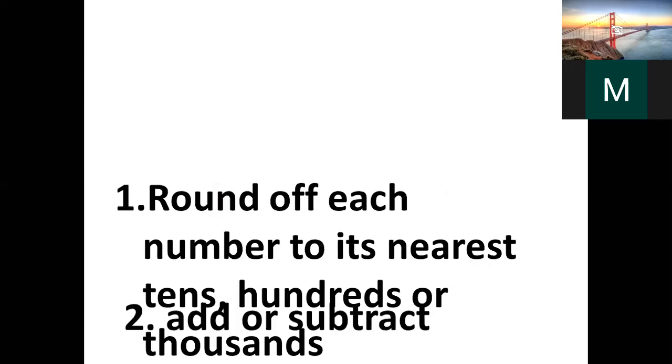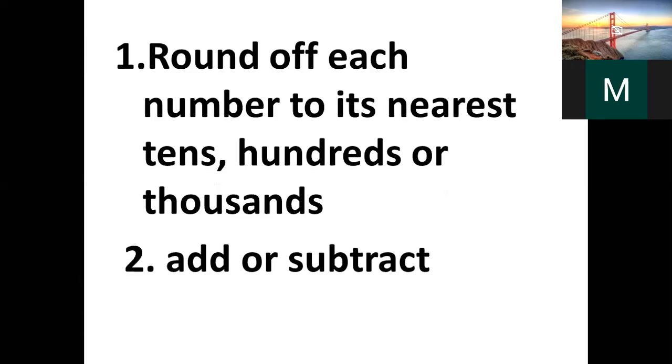Estimating sum and difference means, suppose we have to find the sum or difference of any numbers, first you have to round off to the nearest value, nearest tens or hundred or nearest thousand. After that you can add or subtract.